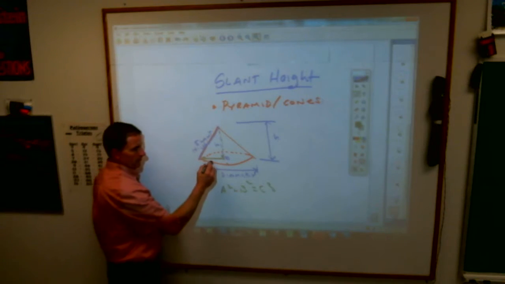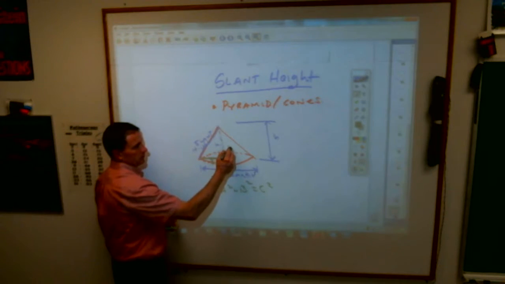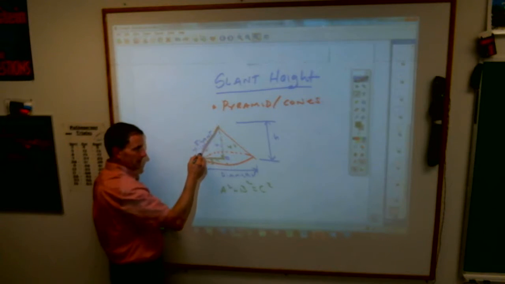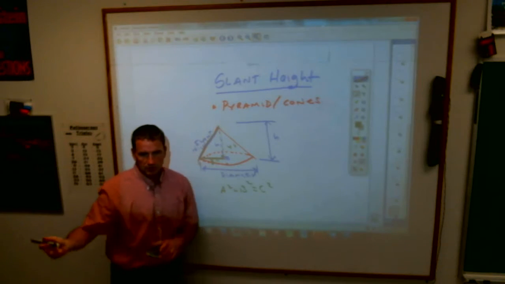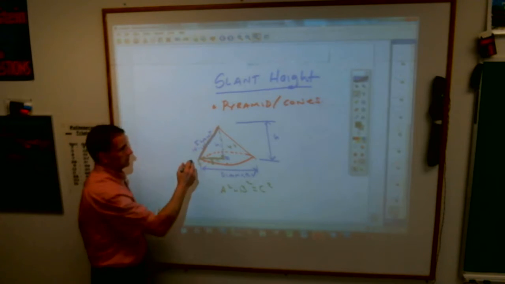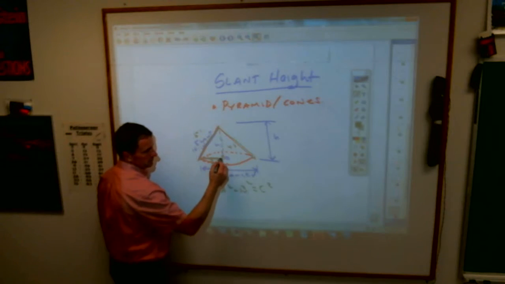For example, if this was 3 inches here, and the height was 4 inches, you can probably tell me that the slant height, that's one of those nice triples, would be 5 inches. That would be the slant height.